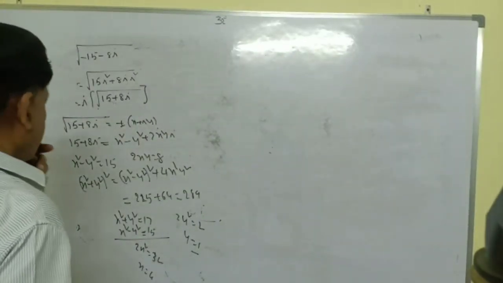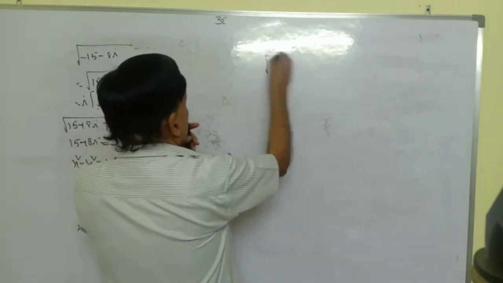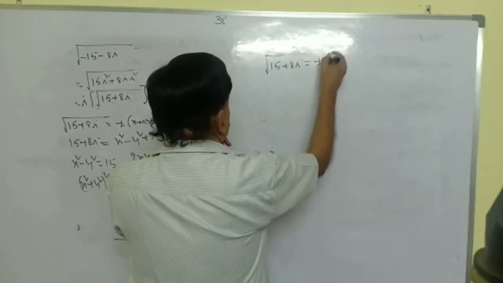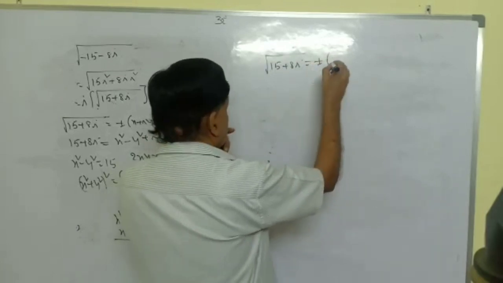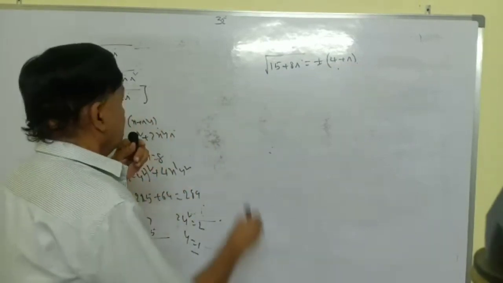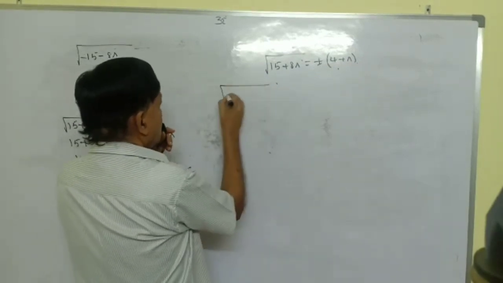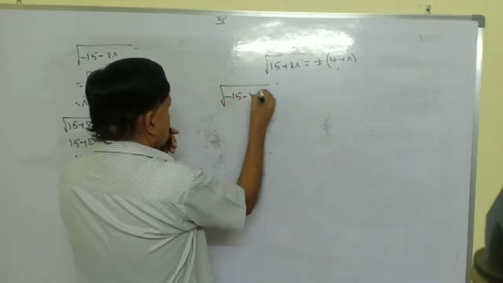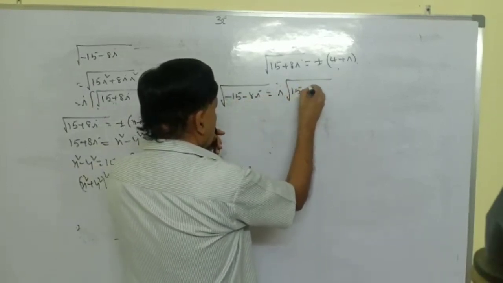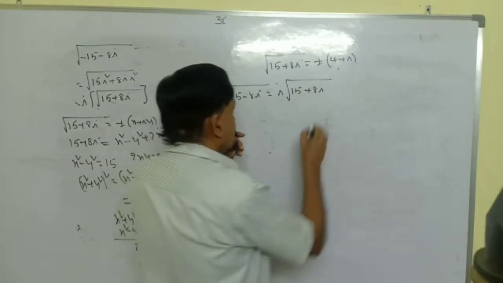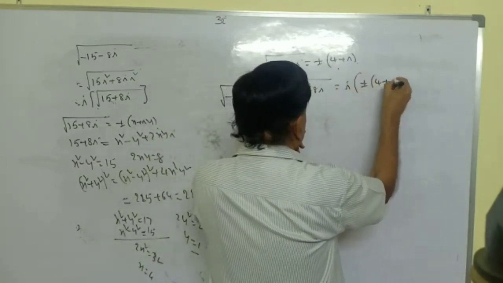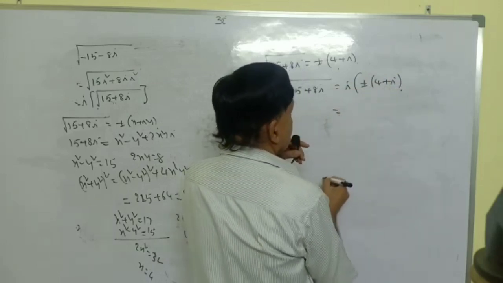So after getting like this, square root of 15 plus 8i is equal to plus or minus 4 plus i. Now, square root of minus 15 minus 8i is i into square root of 15 plus 8i, which is i into plus or minus 4 plus i.